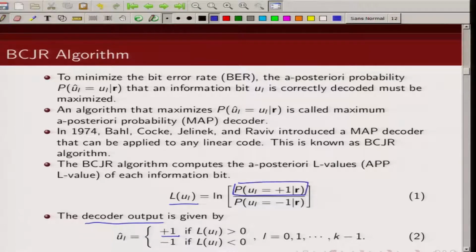We are going to now talk about how to compute these terms in the computation of the APP value, and how we can exploit the structure of the trellis of the convolutional encoder to simplify this expression.